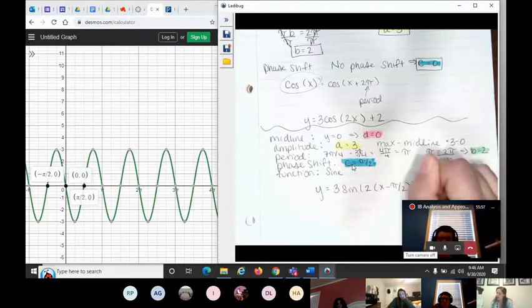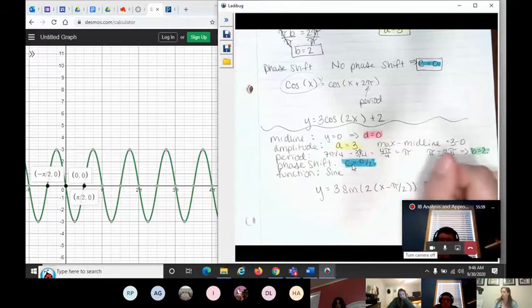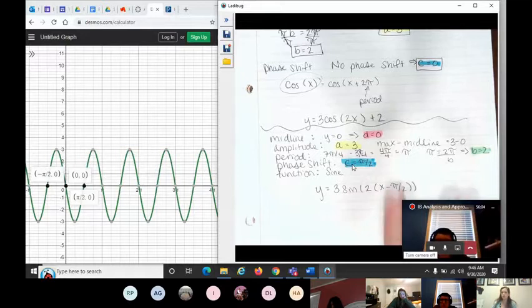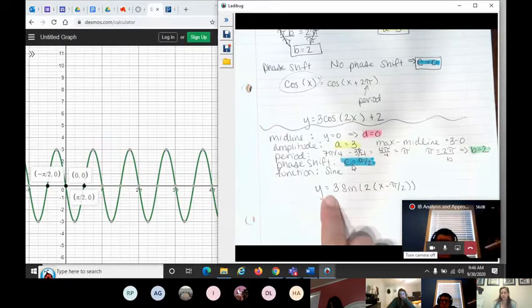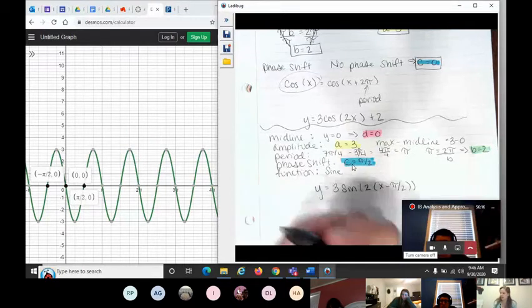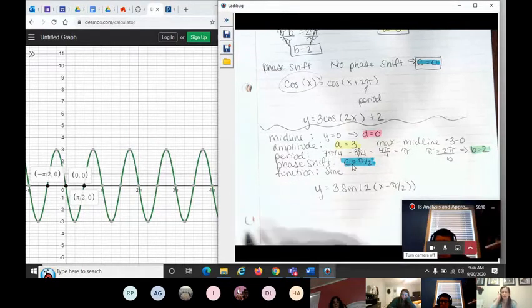And we had no midline, so plus 0 or just don't put anything. I am also aware that you could have gotten rid of this phase shift and you could have made this 3 negative and done a reflection, okay? That is possible as well. So there are lots of options here. I picked one. I wanted to do one with a phase shift for this example. So that's what we picked.